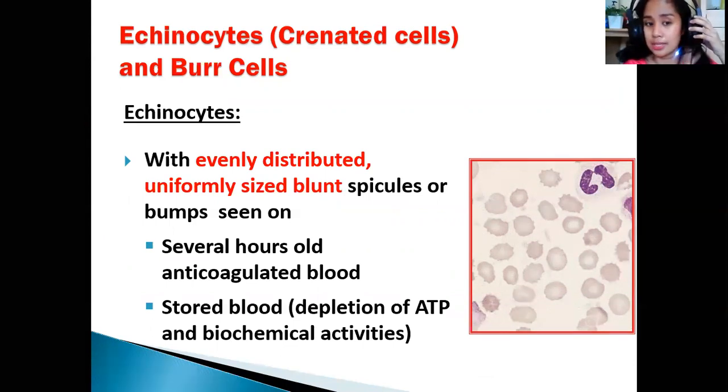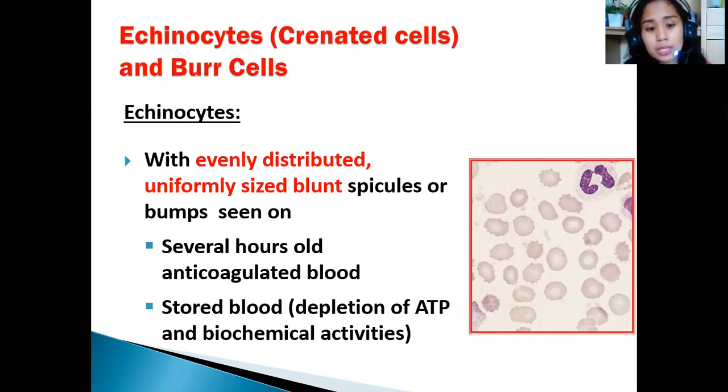When we say echinocytes, class, it looks like a flower to me because the projections, the spicules, the bumps are evenly distributed. Echinocytes look like sea creatures, sea urchins. So echinocytes, class, look like a flower, regular. Compare with the acanthocyte earlier, which has long spicules or projections. This one has short, uniform ones. So, these are echinocytes.